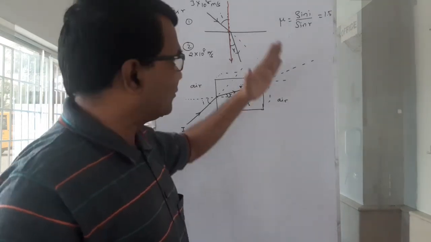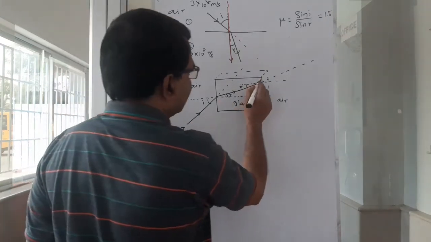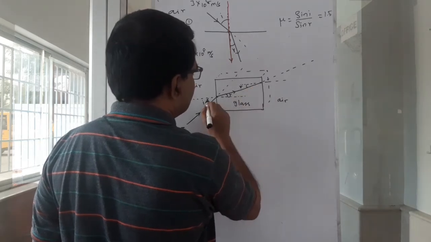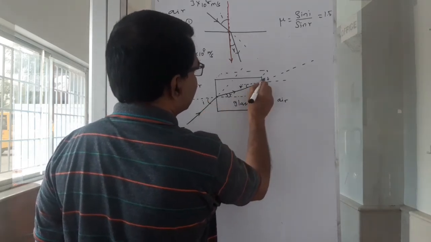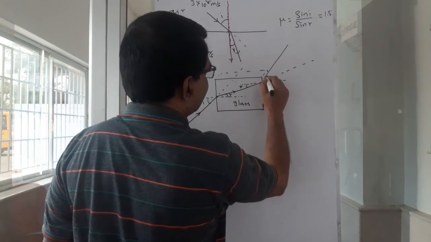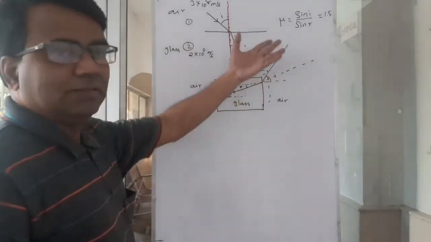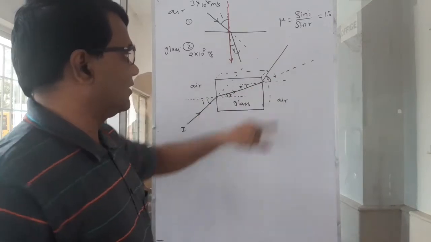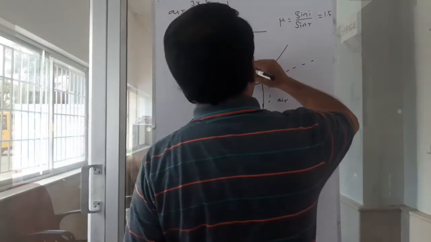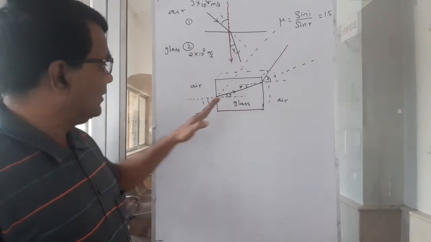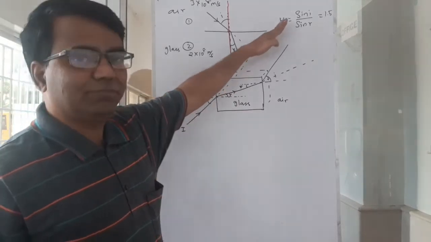So what did we say? If this was R, then the same I that you have must be here. So this is I and this is I. Look here. If this medium was not here, then this would have traveled like that.